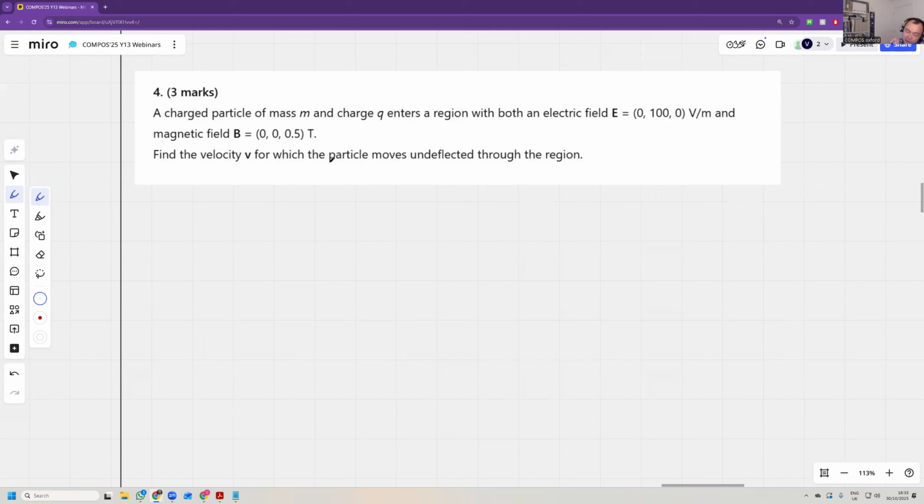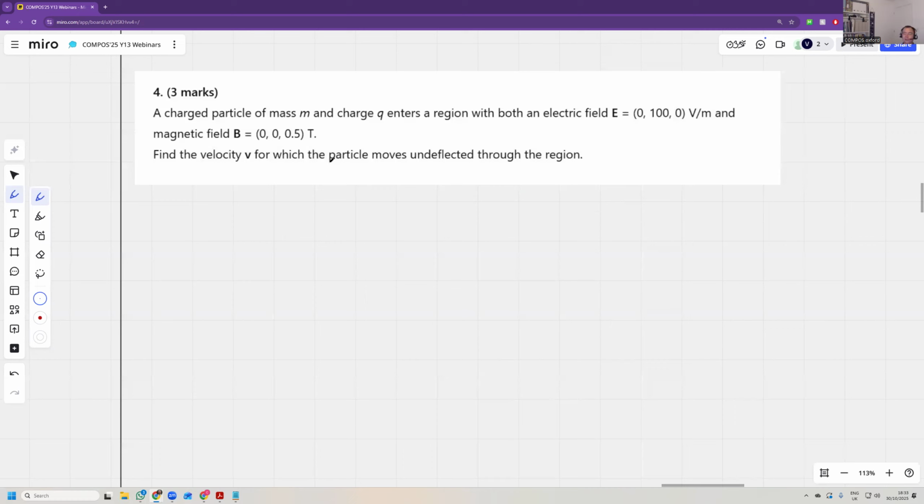The magnetic field pushes the particle one way, the electric field pushes it another way. If the particle moves undeflected, that simply means that the total force is zero.